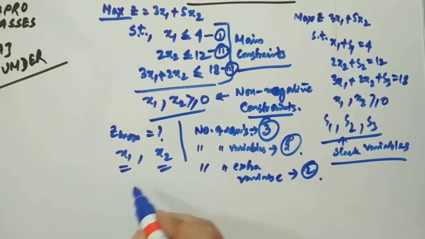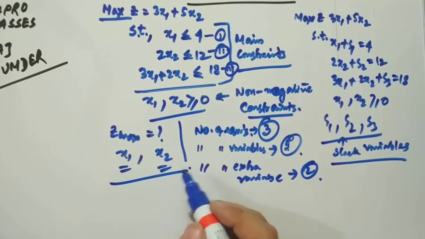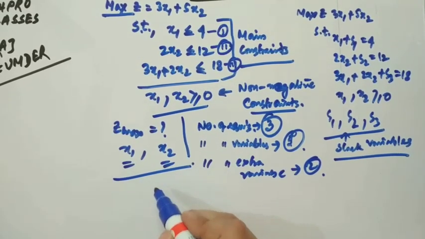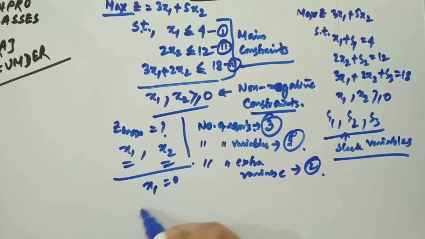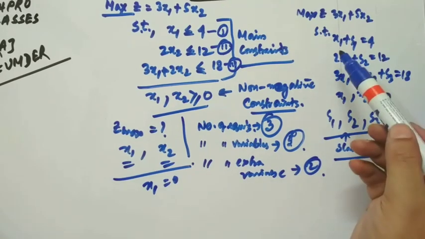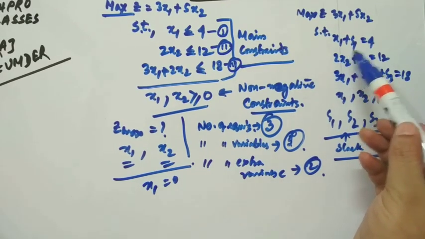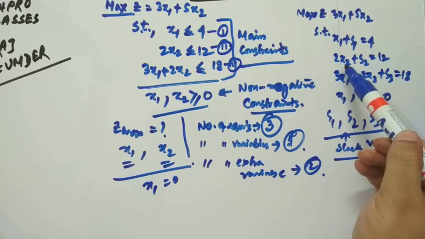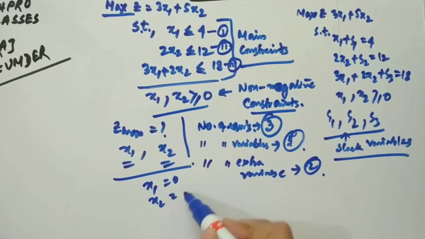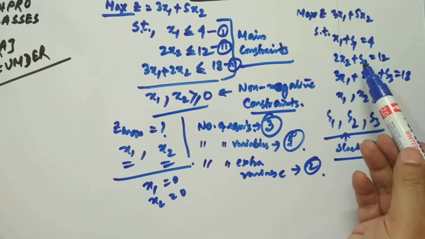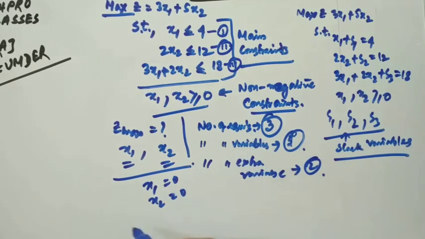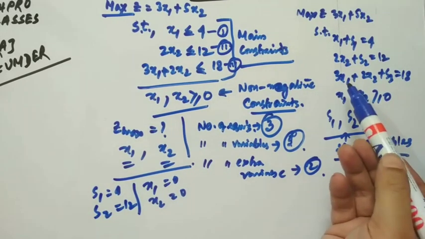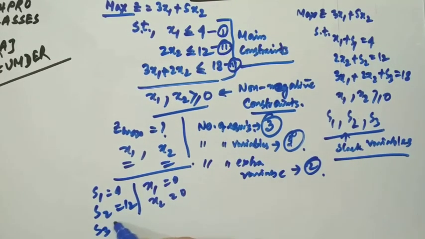Now, say we can use the hit and trial method. Let us put x1 equal to 0. Putting x1 equal to 0 we will get s1 equal to 4, and again putting x2 equal to 0 we will find s2 equal to 12, and from the third equation we get s3 equal to 18.